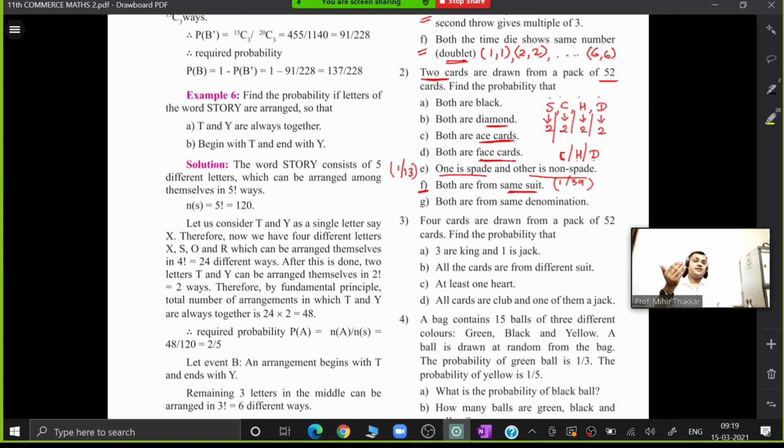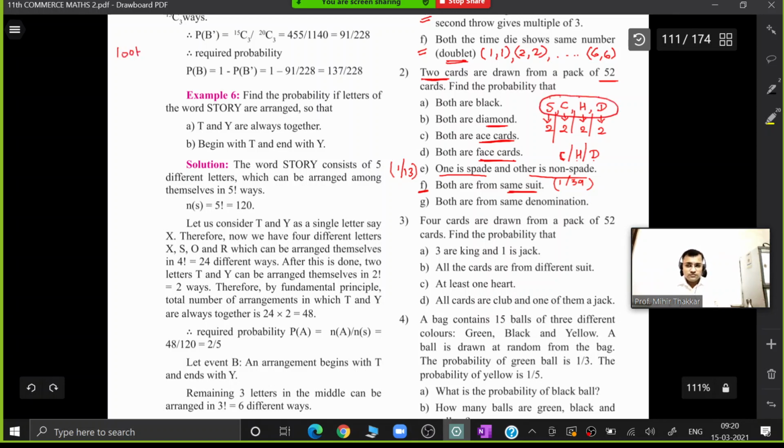Otherwise I can say that I am selecting 2 from the spade, or 2 from the club, or 2 from the heart, or 2 from the diamond, and because it is OR, I have to add again and again. But then the second method will become very lengthy because I will have to write 5 to 7 statements, and then add them and give the final answer. Instead of that, the shortcut idea will be to select any one out of the 4 suits.